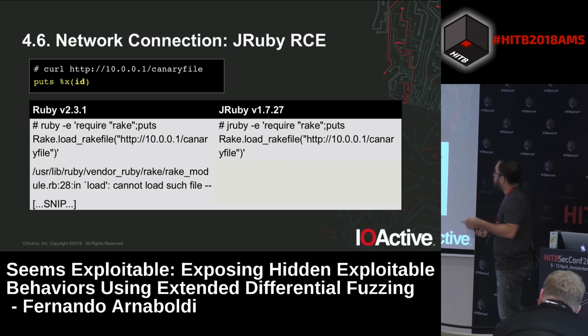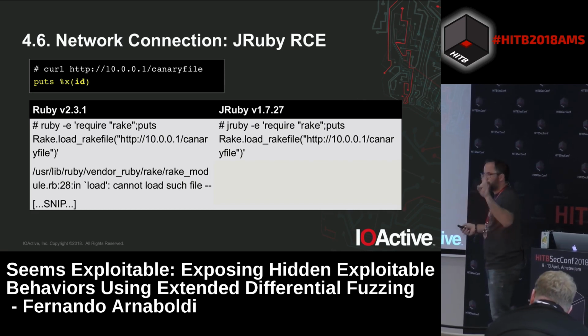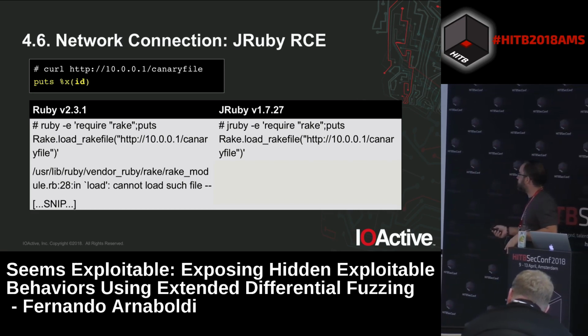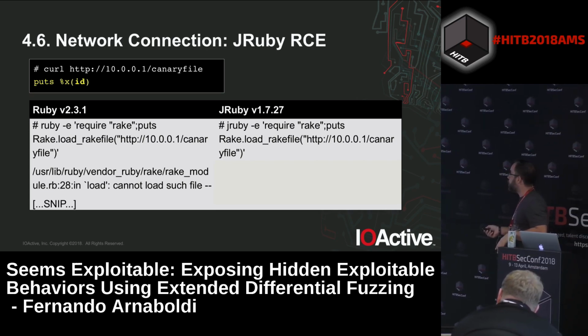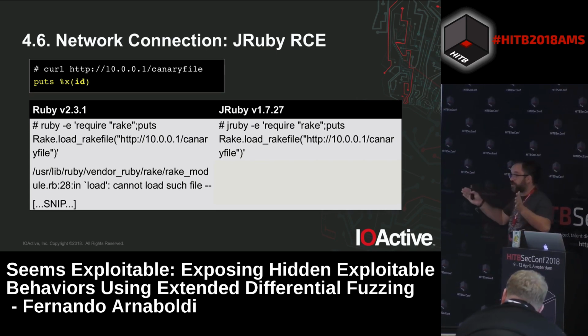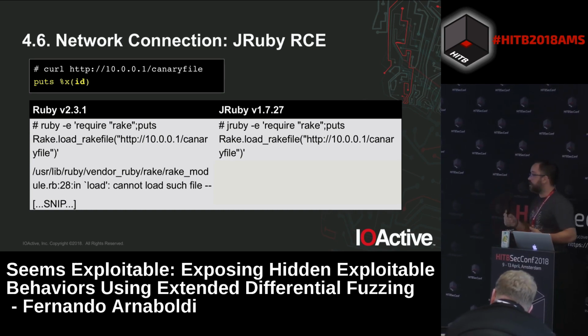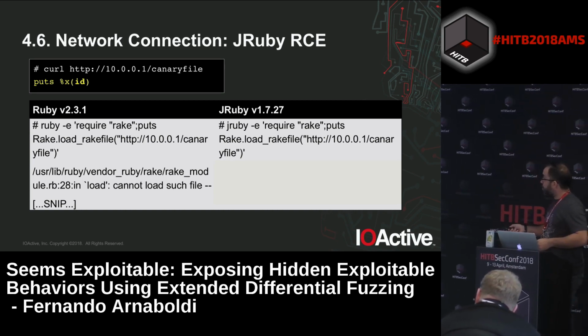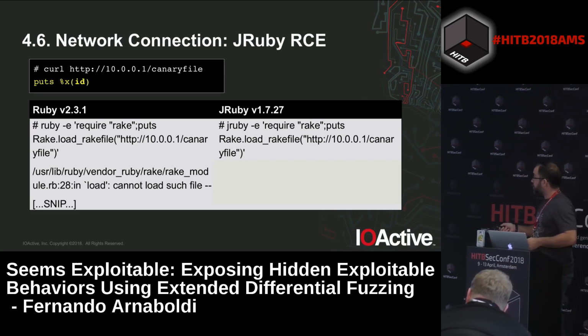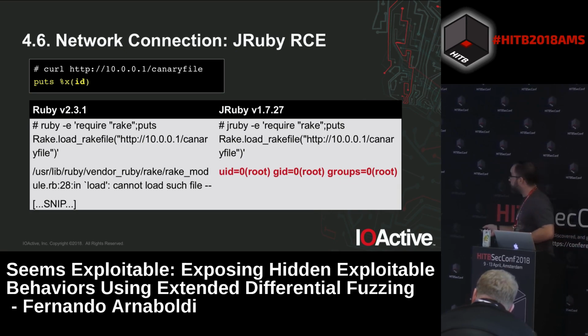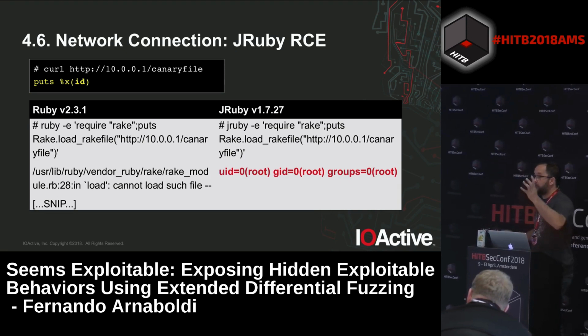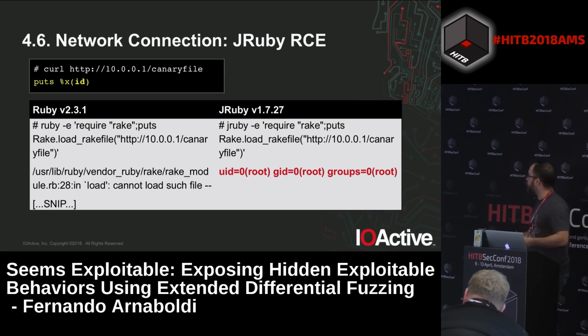This isn't Ruby. In JRuby, there are two versions: one that is 1.7, which tries to support all the Ruby versions, and one called 9.something, which only has the latest version. In the 1.7 version, the latest of this branch, you can execute things remotely, even though the documentation says it should be a local file.